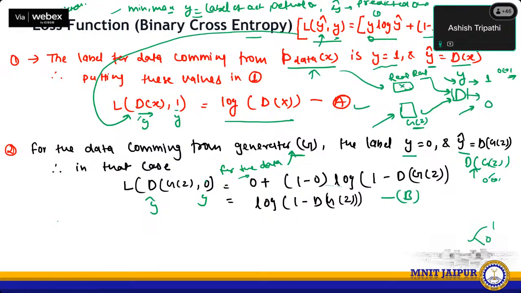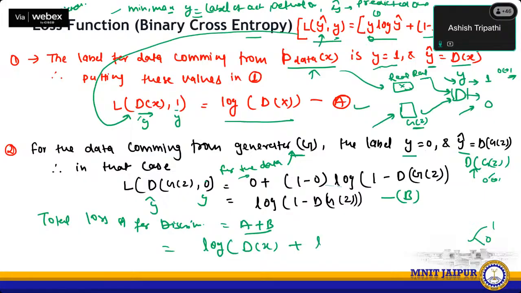So what will be the total loss for the discriminator? Total loss for the discriminator will be equal to a plus b. So a plus b means log of D of x plus b means log of 1 minus D of z.